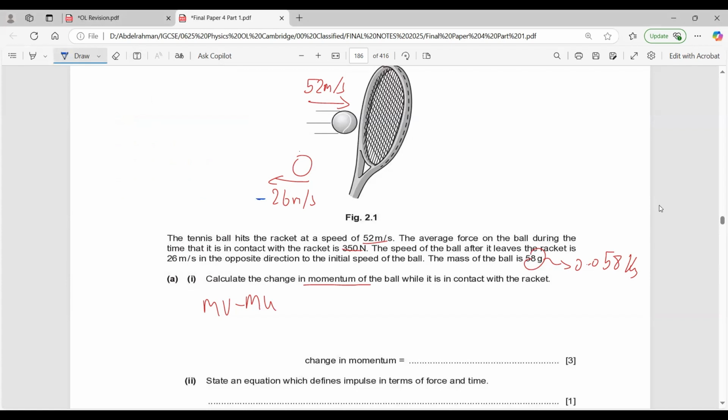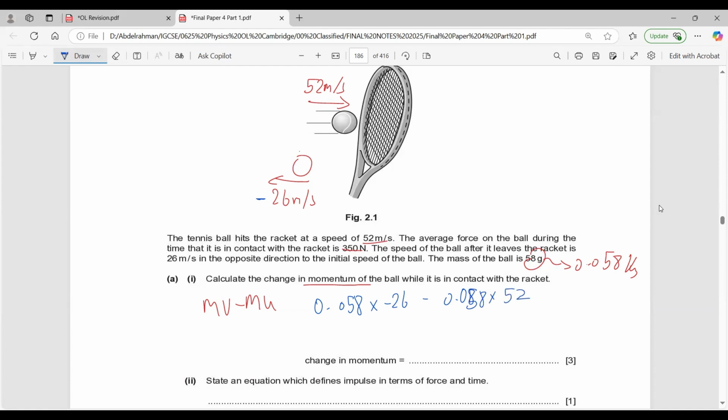So mv: it's 0.058 times v, which is negative 26, minus 0.058 times 52.